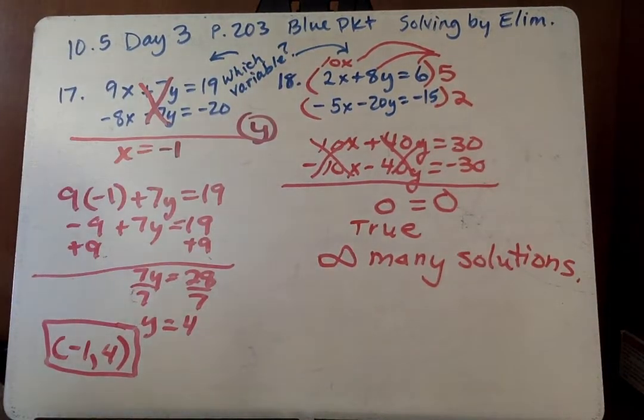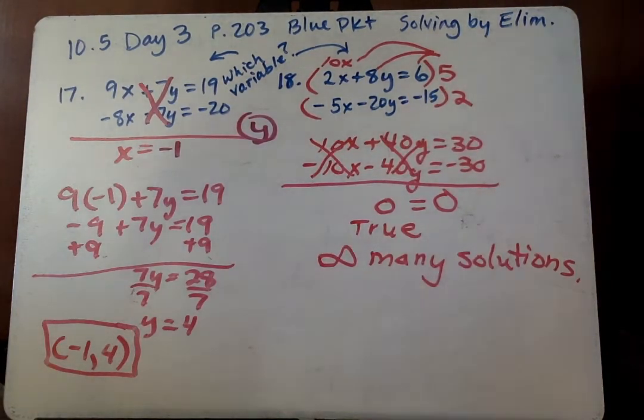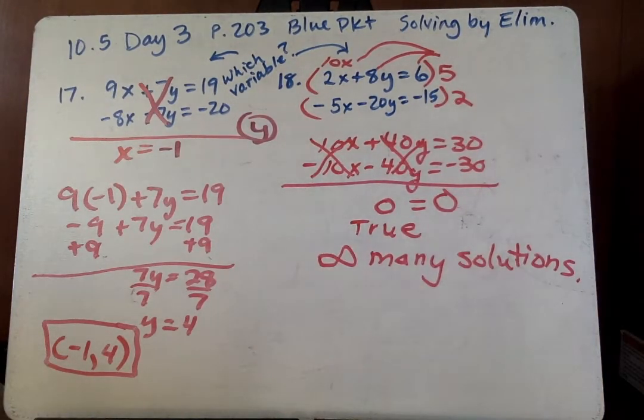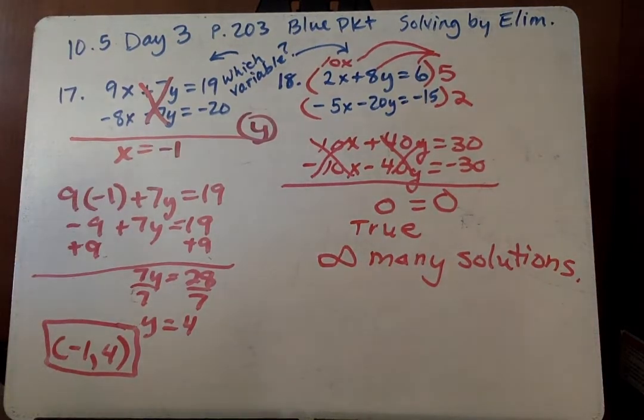Okay, so now we're going to go on and do number 19. I don't think I have that one written out, so I'm going to write it out real quick. We have -18x minus 12y equals -28, and -6x minus 4y equals -10.